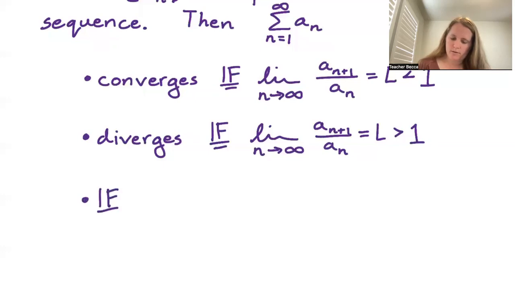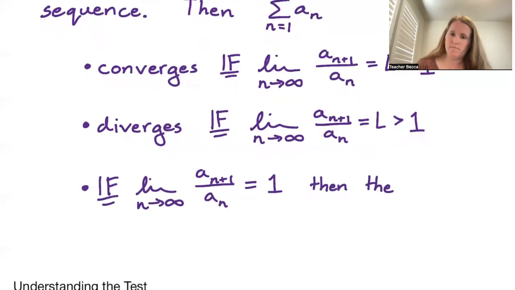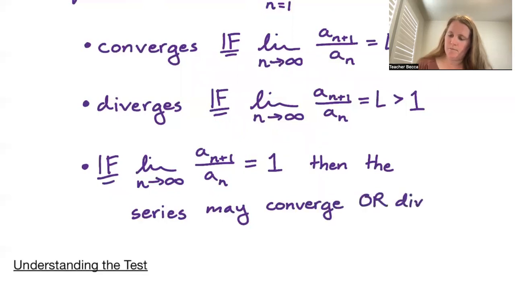So if the limit as n goes to infinity of a sub n plus 1 over a sub n equals 1, then the series may converge or diverge. So in this case, you will need to use a different test.